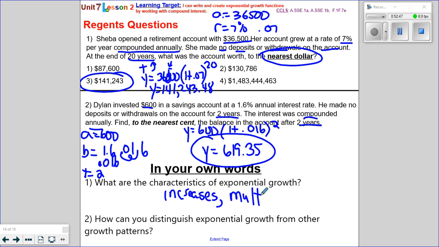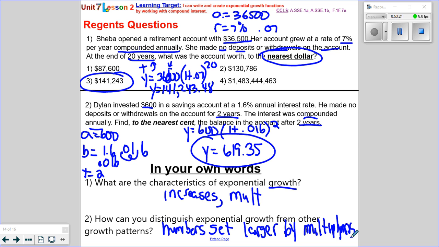How can you distinguish exponential growth from other growth patterns? The numbers get larger by multiplying, and remember, it's multiplied by the same number over and over and over again.